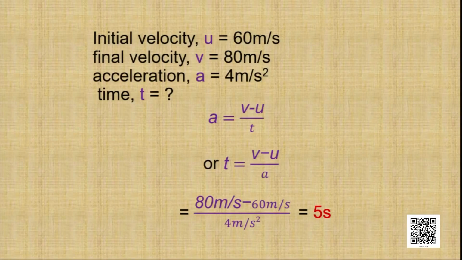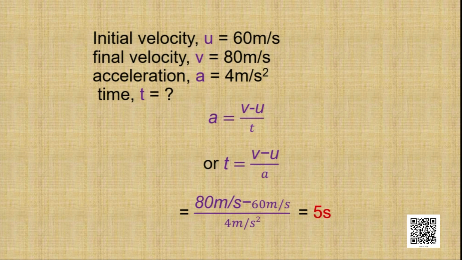Initial velocity u is 60 meter per second. Final velocity v is 80 meter per second. Acceleration a is given as 4 meter per second square. We need to find out the time. So we will apply the formula a is equal to v minus u divided by t, or for time we can write it as t equals v minus u divided by a.